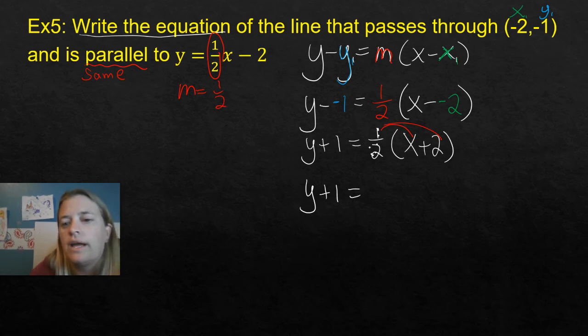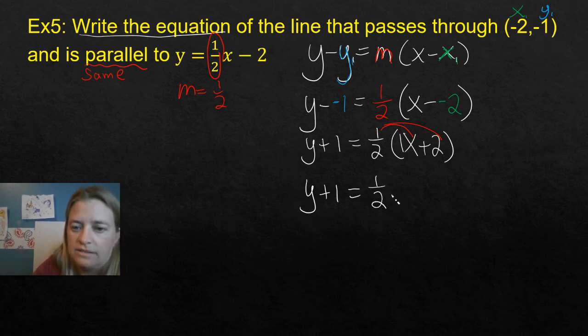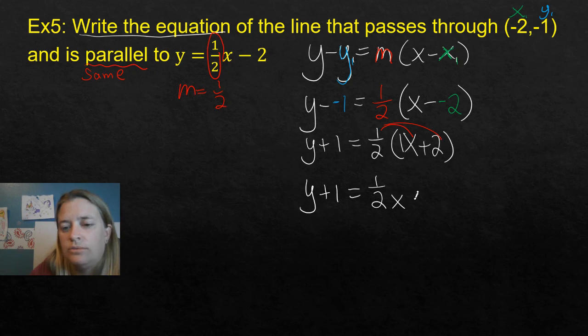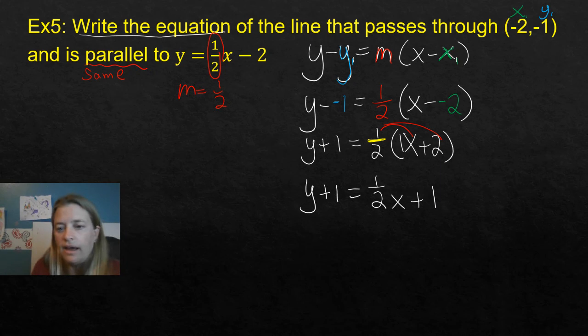And then we're going to multiply. So what's 1/2 times 1? We know that's just 1/2 x. And what is 1/2 of 2? We know that's just 1. Or you can think of this line right here as dividing. So what is 2 divided by 2? It is 1. And we're almost done.